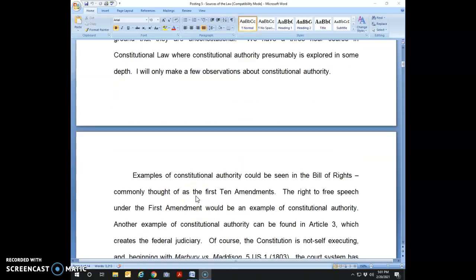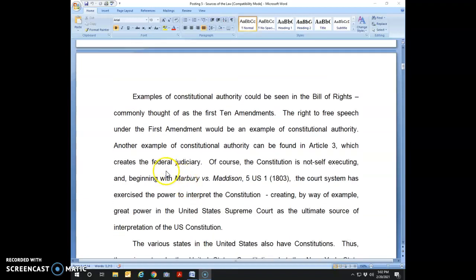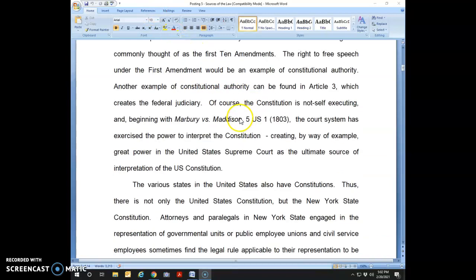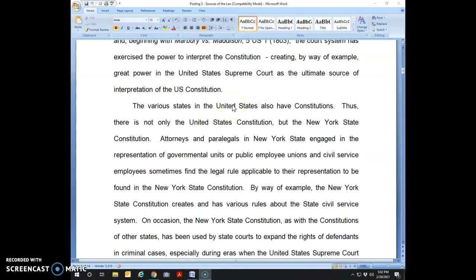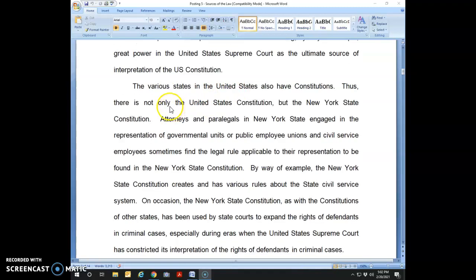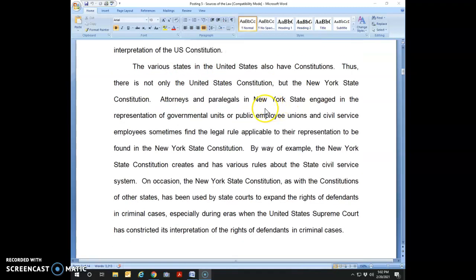But we do have constitutional authority, and I've given you some examples, the Bill of Rights, and I point out judicial review, Marbury versus Madison. I also point out the various states have constitutions. And I know that for myself, I've done a fair amount of work with municipal governments and school districts and so on over the years.